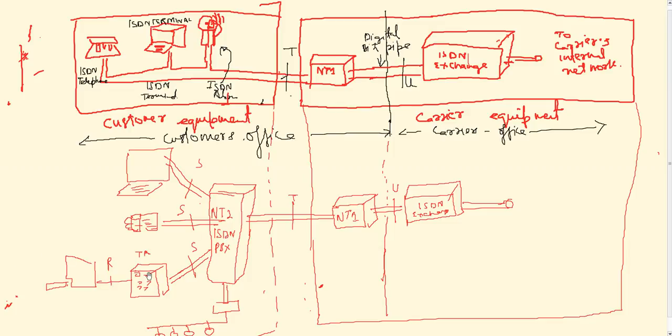Now this has a special physical layer interface, like what we might have read about the serial interfaces or analog interfaces. We have already read about RS232C and about modems.